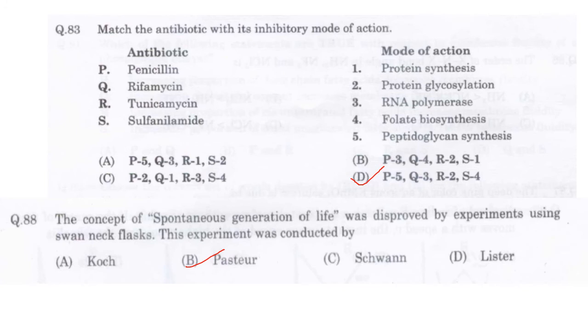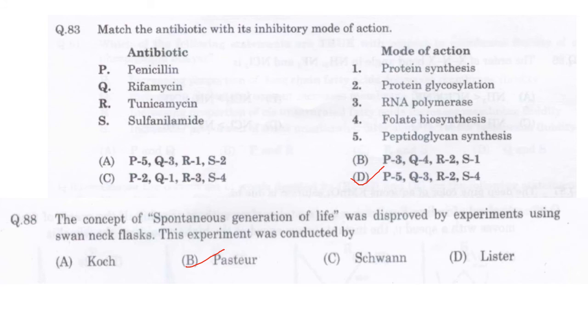Tunicamycin is inhibitory to folate biosynthesis. R, one minute. Sorry, it is protein glycosylation. Tunicamycin is for protein glycosylation.